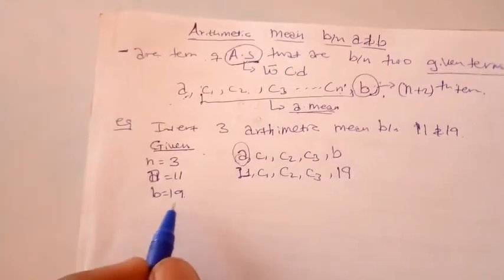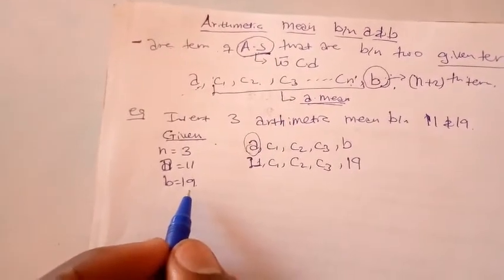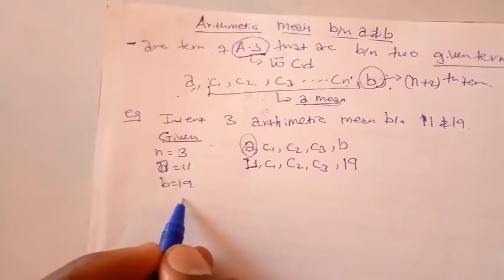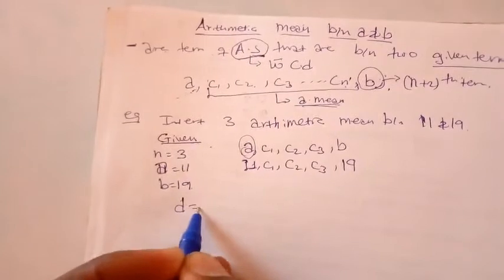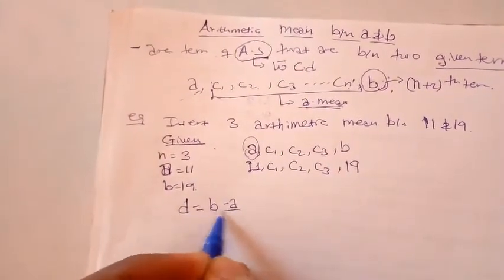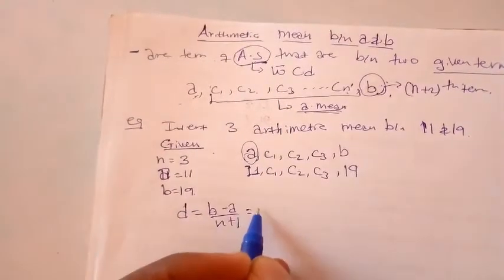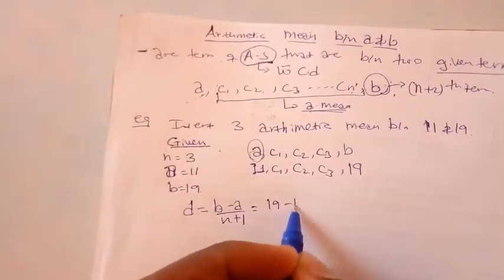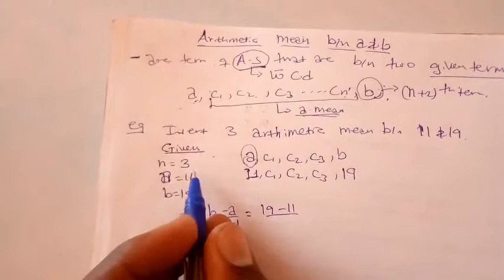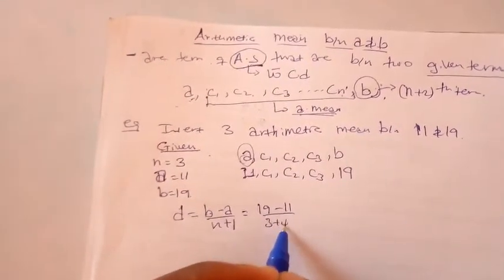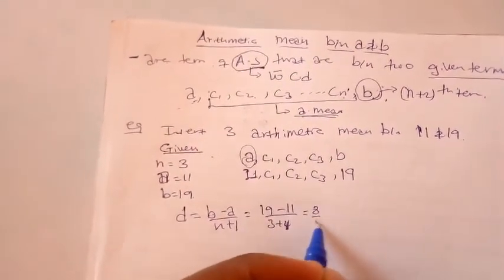So first we have to find the common difference, and we have a formula: d is equals to b minus a over n plus 1. So we have the value of b, that is 19, minus 11 over n, that is 3 plus 1, that is 8 over 4, 2.